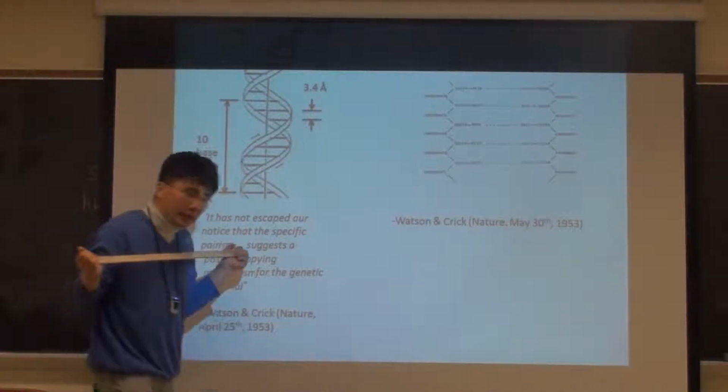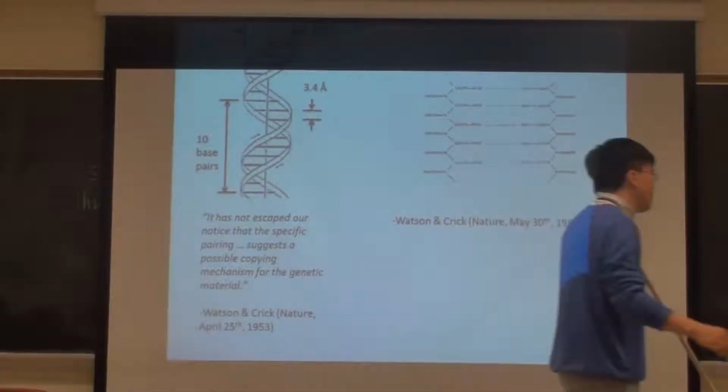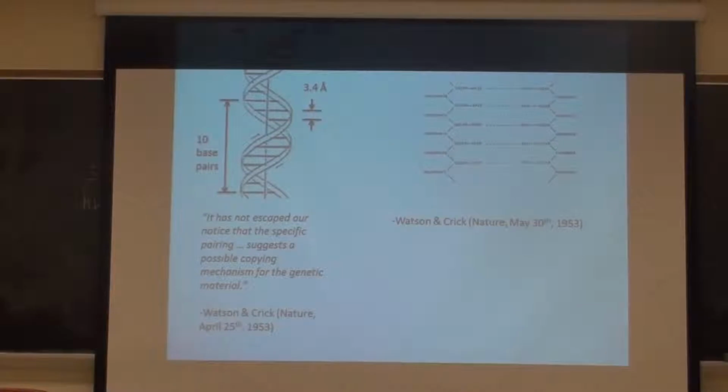In our cells, we have 46 chromosomes, 23 from your mother and 23 from your father, right?